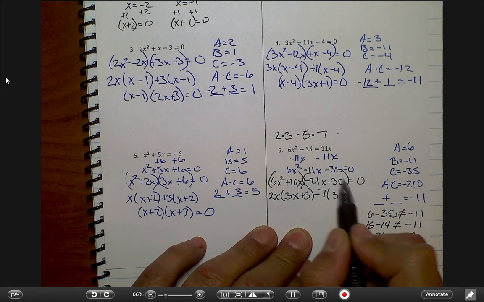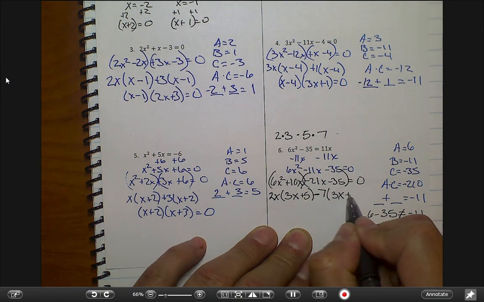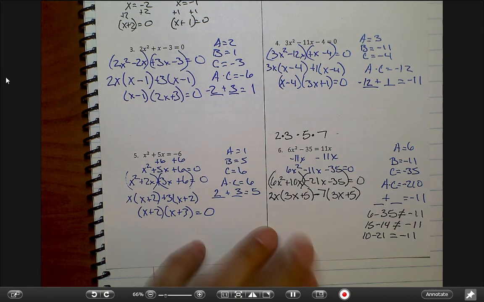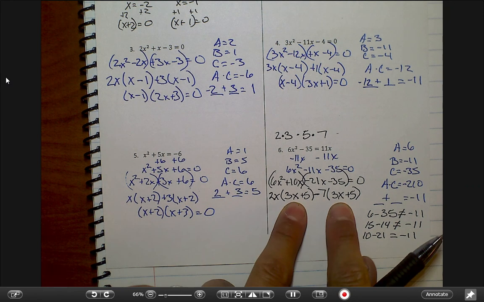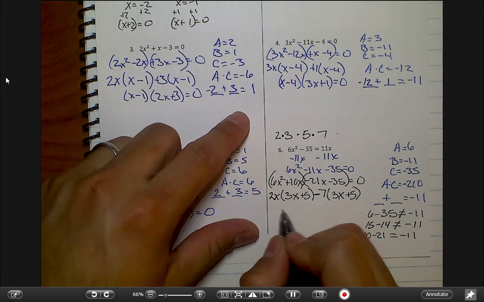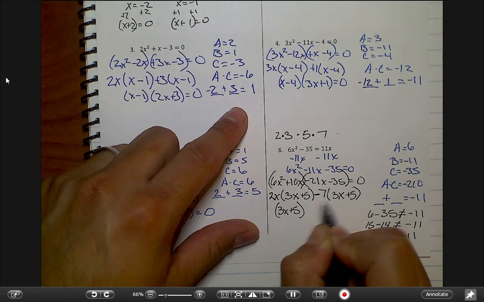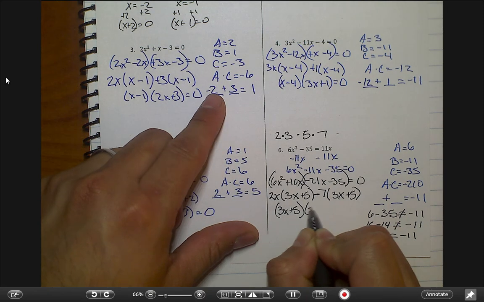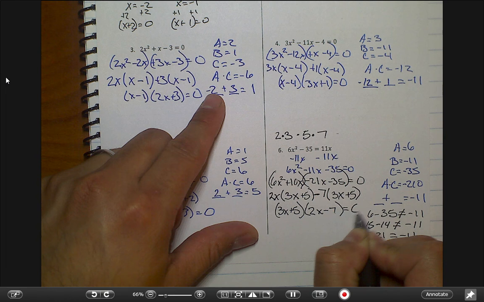What about negative 35 divided by negative 7? Positive 5. They both have this. And my leftover is 2x minus 7.